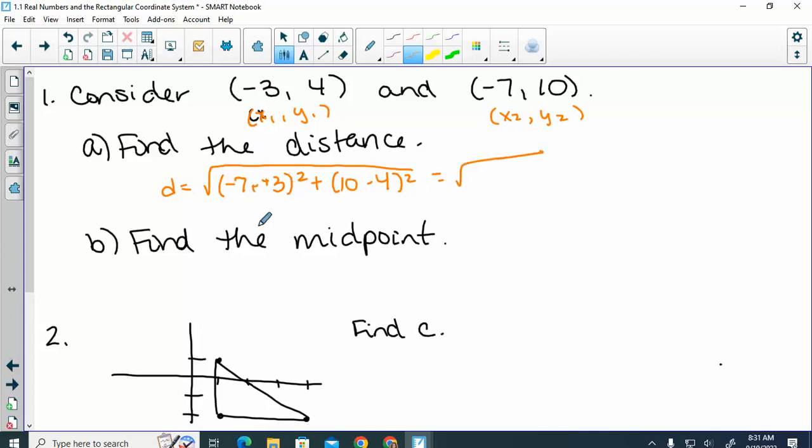So negative 7 plus 3 would be negative 4. Negative 4 squared is 16. 10 minus 4 is 6. Squared is 36. So we get the square root of 52. And then we have to break that down. Any perfect square in 52? That would be 4 and 13. So 2 radical 13.